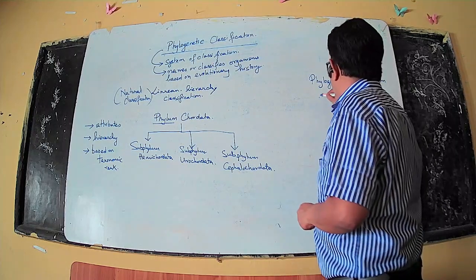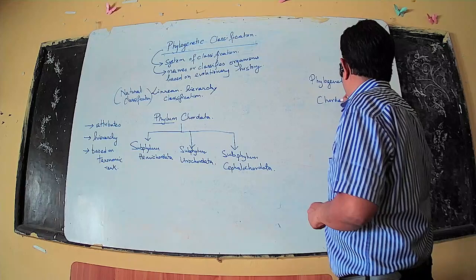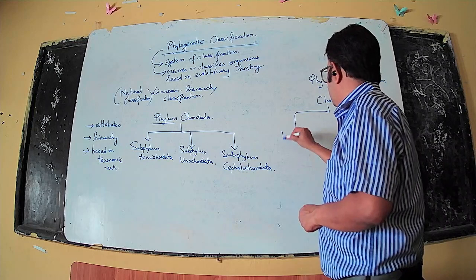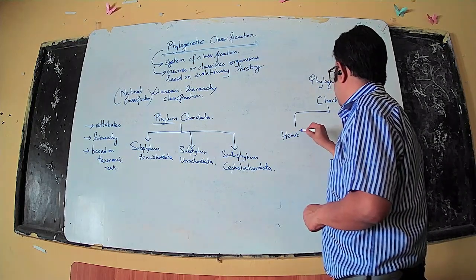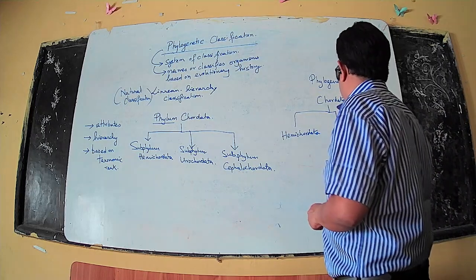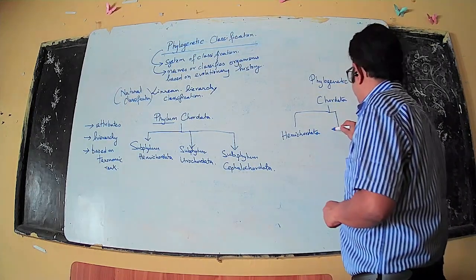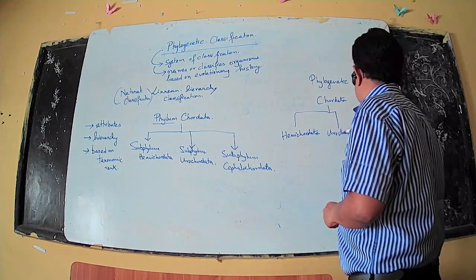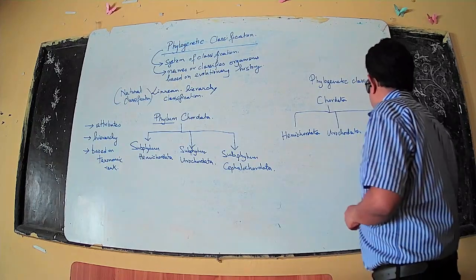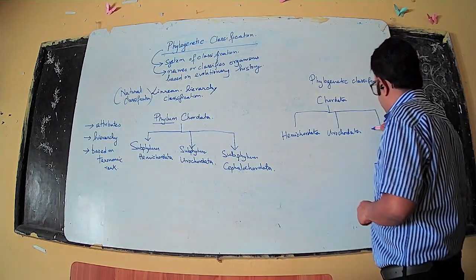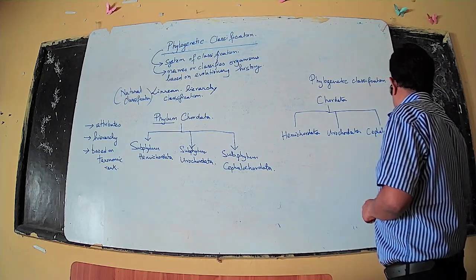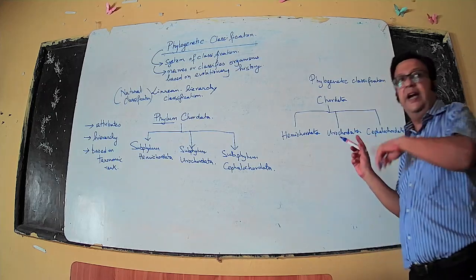For example, you write Chordata, and you divide that into subdivisions.